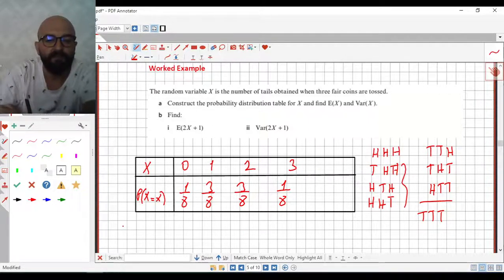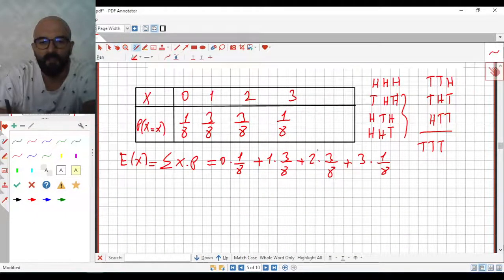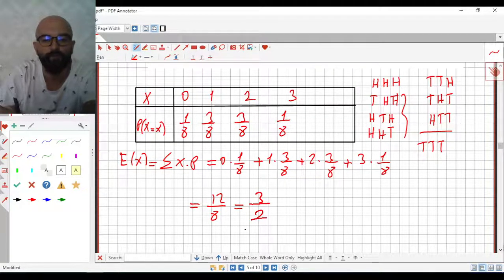And the expected value means the sum of x multiply probability. 0 multiply 1 over 8, 1 multiply 3 over 8, 2 multiply 3 over 8, and 3 multiply 1 over 8. So 3, 9, 12, 12 over 8 means 3 over 2.